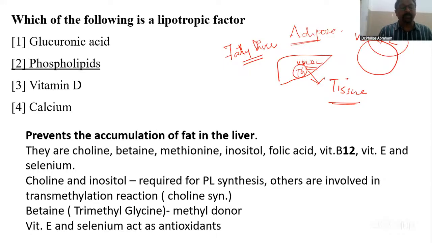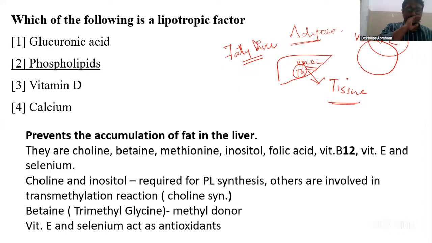So lipotropic factor. Vitamin E and selenium are antioxidants, because the accumulation of fat can lead to production of free radicals and damage of cells. If they are there, they can prevent it. So they also in some way help as lipotropic factors. So as I said about fatty liver, the compound that prevents fatty liver, or helps in the transport or movement of lipids from the liver, we call a lipotropic factor.